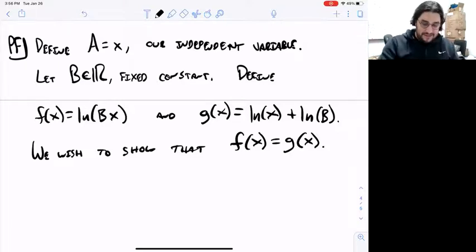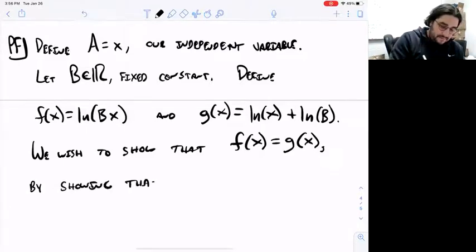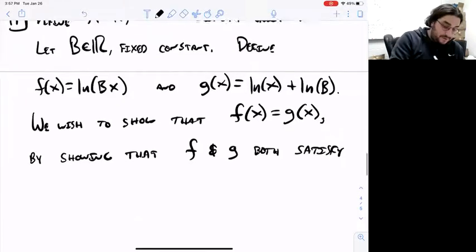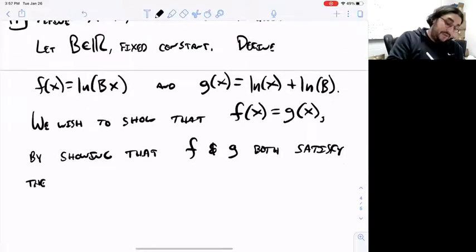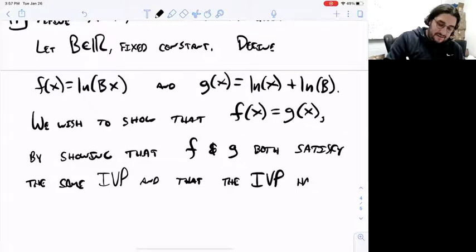And here's how I'm going to do it. I'm going to do it by showing that f and g both are solutions to the same IVP, and that same IVP has a unique solution, right?